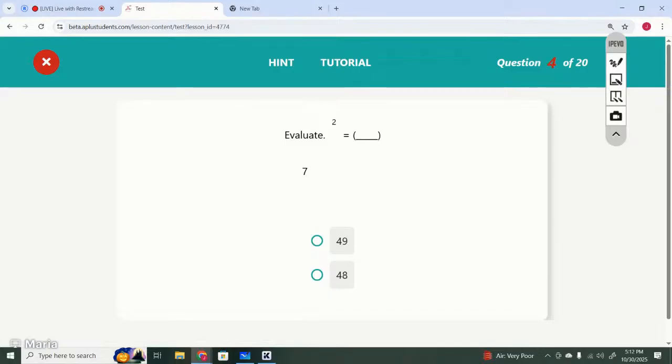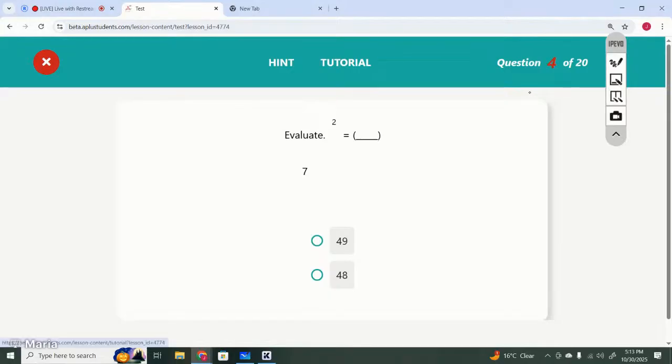So which is the correct option? Yes, 49. It is 7 times 7 is 49.